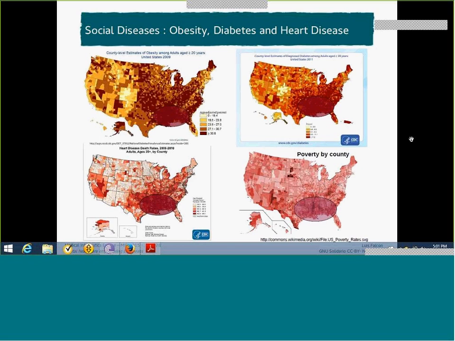What you're seeing there are the obesity, diabetes, and heart disease death rates. And if you were to superimpose the maps, you would get the same exact pattern.